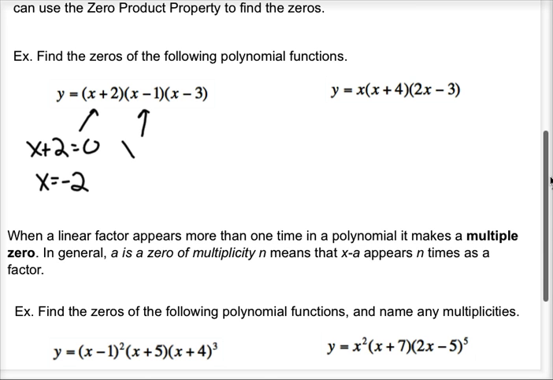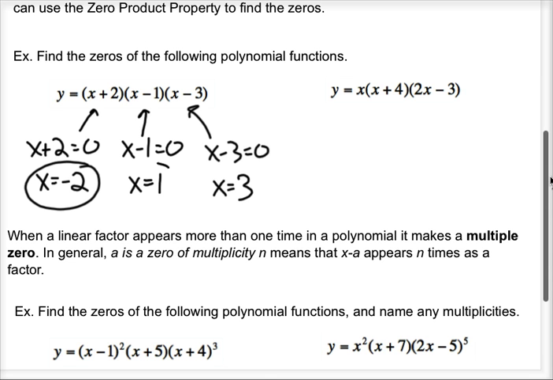This piece right here is going to give us a zero of 1. This piece right here is going to give us a zero of 3. Okay, so basically it's breaking it down using the zero product property, setting each piece equal to 0 to find each of the solutions that you're looking for. So in this case, -2, 1, and 3.